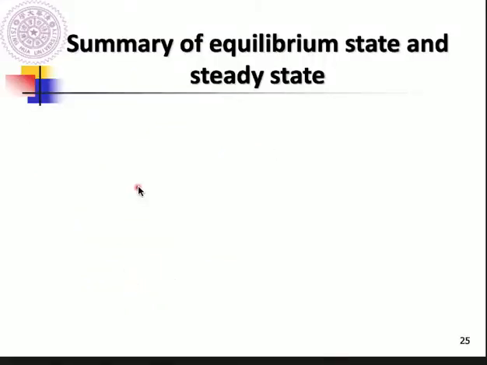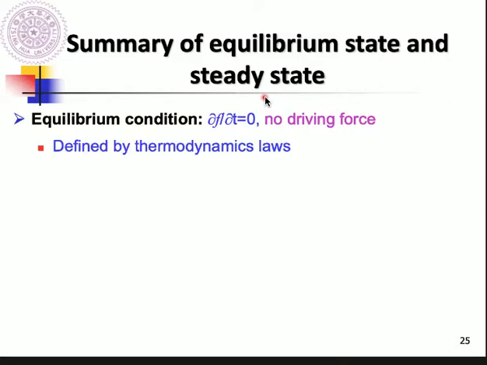Okay, let me give you a short summary about the equilibrium state and steady state. The equilibrium condition means the state functions do not change with time, and there's no driving force existing in this system, and this condition is defined by thermodynamic law.